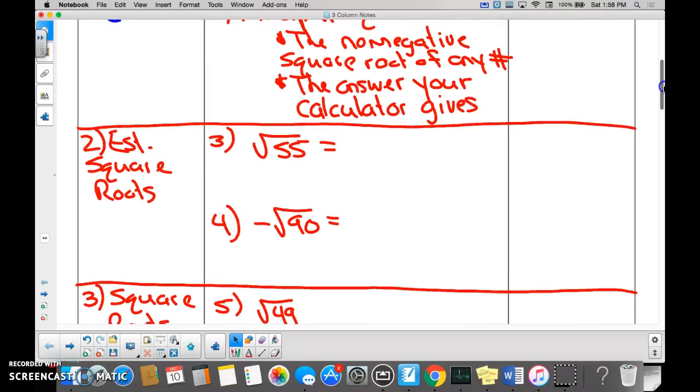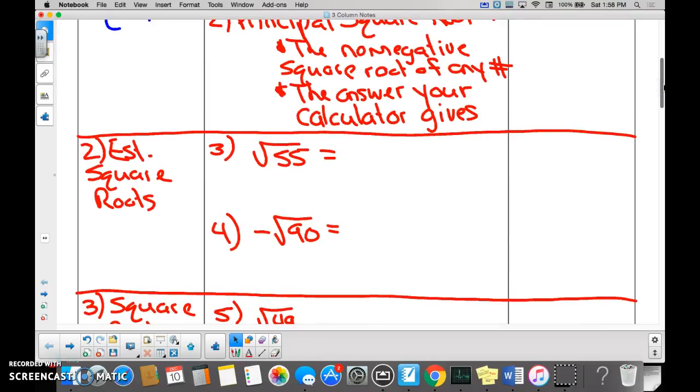One skill that you have to be able to do is estimate square roots. So the square root of 55 does not work out perfectly. So with your mental math skills, you are realizing that the square root of 55 is somewhere between two square roots that you know very well.